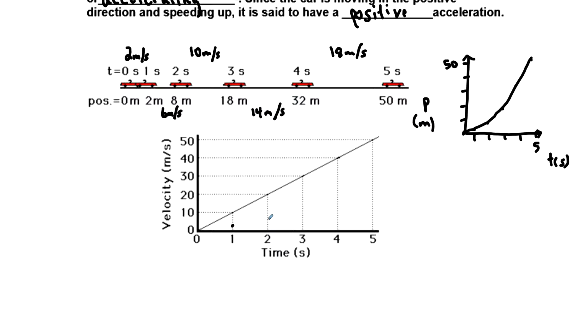So that would be about here. Then the third second, it's at 10. The fourth, it's at 14. About here. And the fifth, it's at 18. So something like that. Now I can't make my line perfect, but kind of like that.